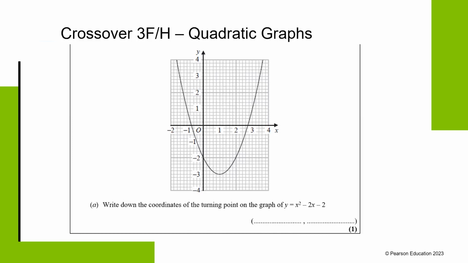However, they got their X and Y coordinates around the wrong way. So you think they're identifying something quite challenging for a foundation tier student, but they're not able to get their X and Y coordinates around the right way, which, as a teacher, if you were marking that paper, the pain would be too much. But there was a 91% success rate on that turning point question at the higher tier, sorry.